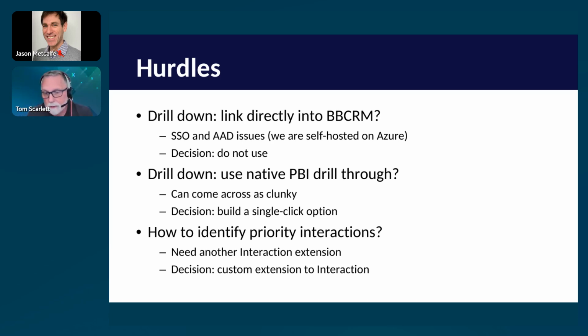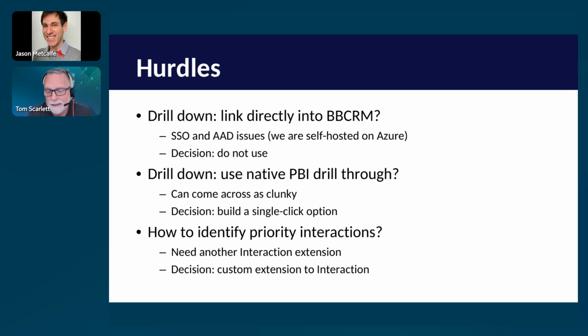Then we thought, well, we could use the Power BI native drill through feature. Can be clunky. If you've ever used that, it's a multi-click step process. Click on a row, get a pop-up menu, click drill through, then click the target you want to drill through to, which has been told to us that it's a little clunky by some of our end users.